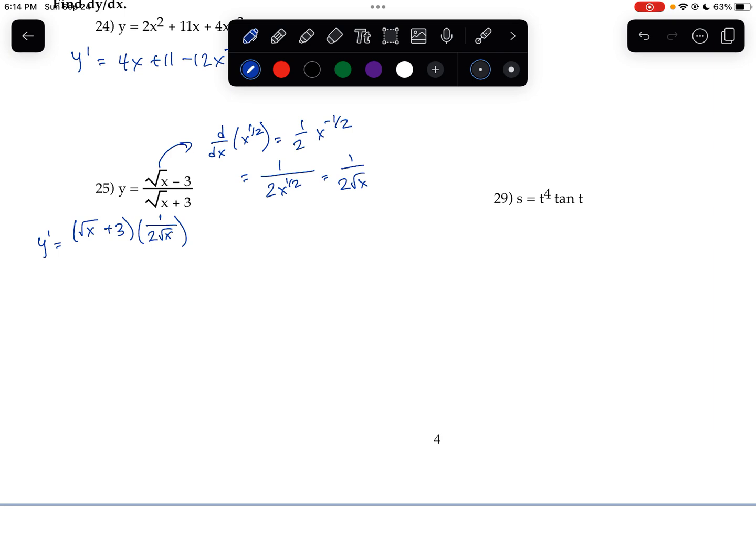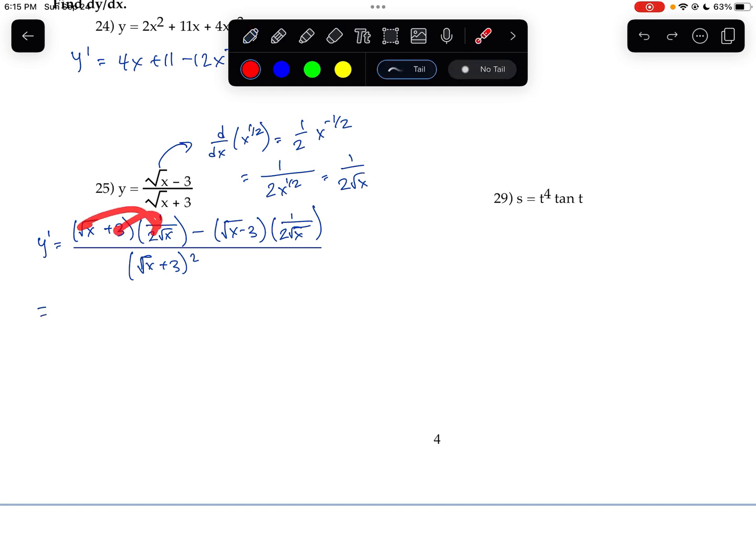So I have low d high minus high d low, and again the derivative is just going to be 1 over 2 square root of x. Okay, square the bottom, square root of x plus 3 squared. To simplify this, I'm going to multiply this to both terms, which means both of these are going to have that denominator.